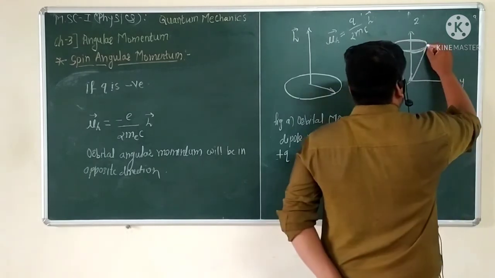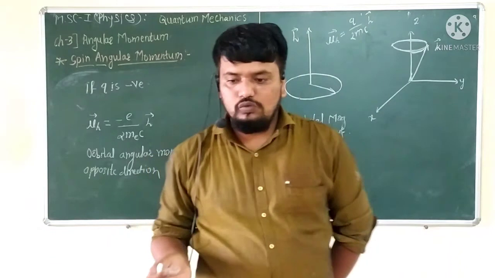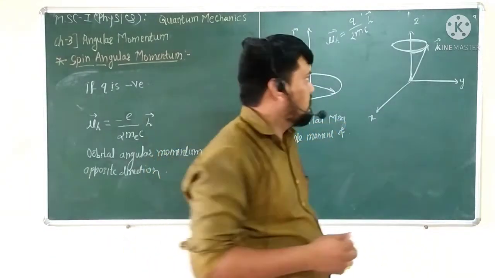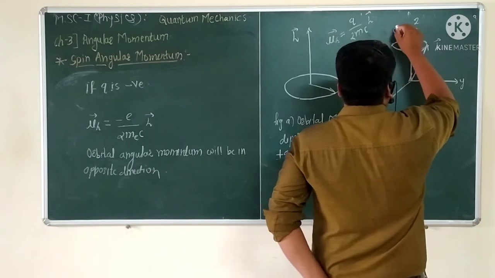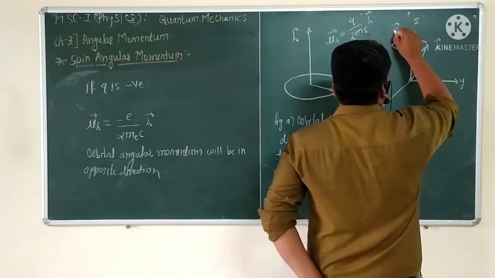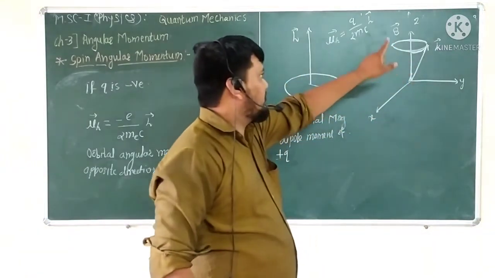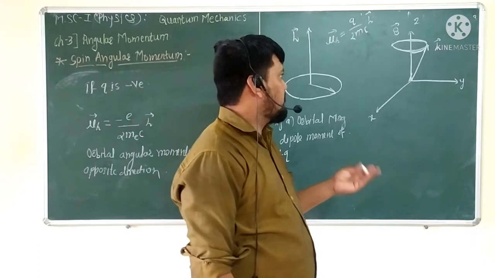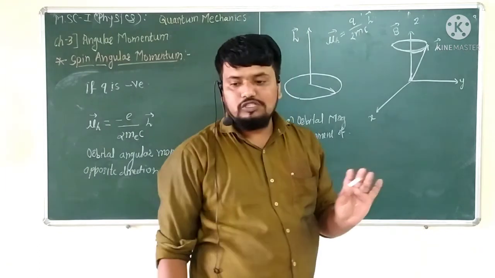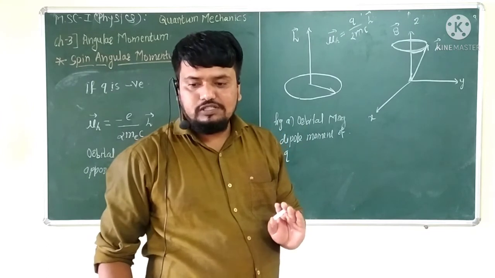Okay, so this is nothing but the L bar, and we have to calculate. So when we apply the external magnetic field, the orbital magnetic dipole moment, which is LZ, precesses about it.